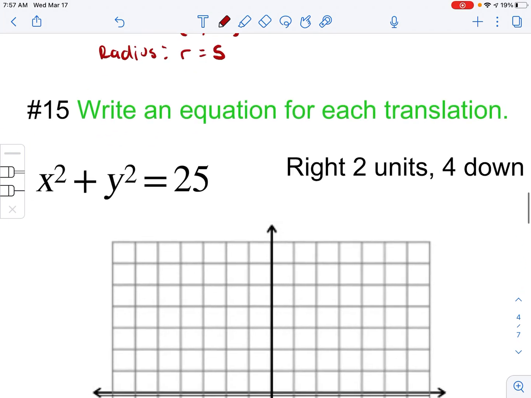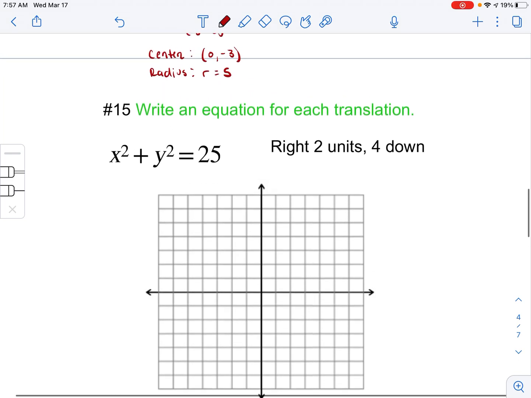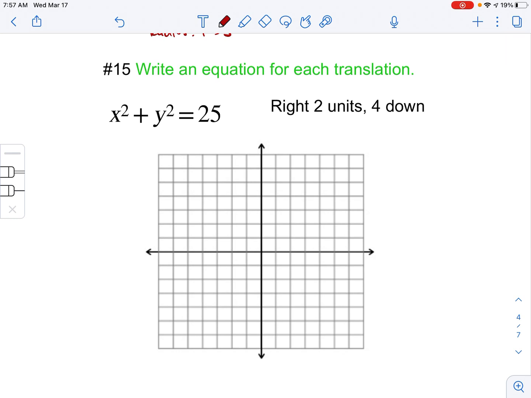So now that we know how to work with these equations, we should be able to sketch them and translate them. Translate them meaning move them across the coordinate plane. So x squared plus y squared equals 25. As I said before, anytime we just have an x squared by itself and a y squared by itself, we can assume that there is a minus 0 at the end of that.